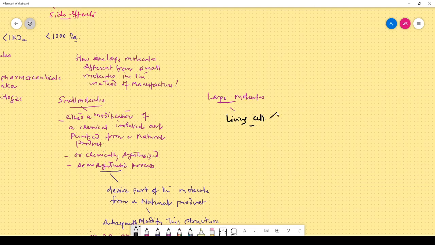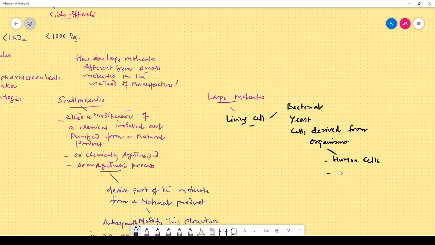Okay, this living cell may be bacterial, it may be a yeast, or it can be cells derived from organisms. So we can have human cells.